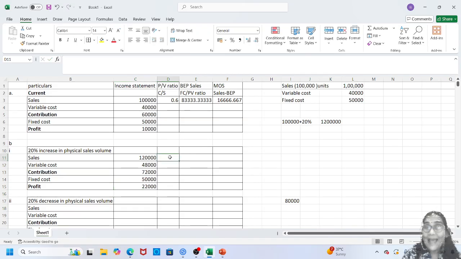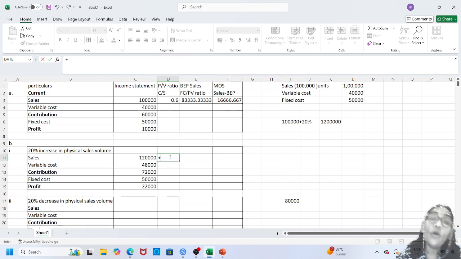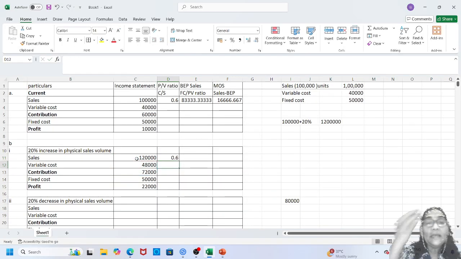Now, as long as the selling price and the variable cost per unit remain constant, your PV ratio will always remain constant. You can see here contribution divided by sales, it is coming to 0.6 itself. So, even if the volume changes, the PV ratio will remain same if your selling price and the variable cost is the same.